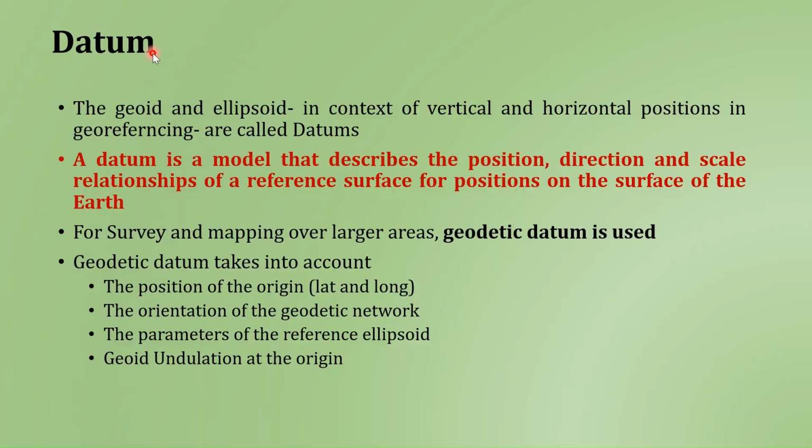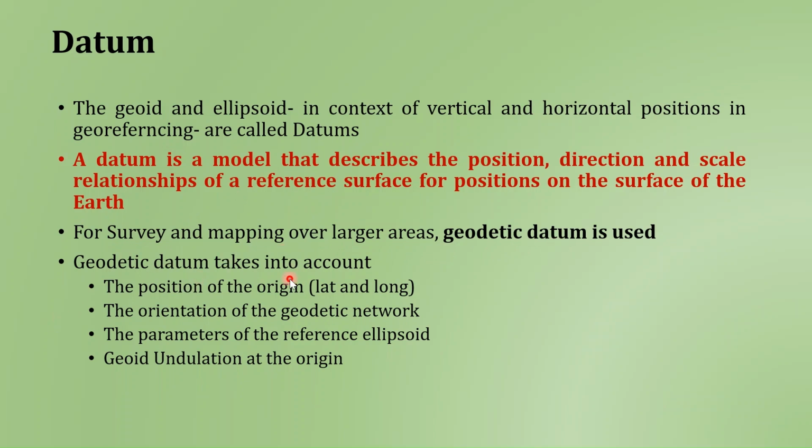Now coming to the datum, which is the combination of the geoid and the ellipsoid. This is a model which describes the position, direction and scale relationship of a reference surface for positions on the surface of the earth. So the datum is the mathematical combination of both geoid and ellipsoid, and for survey and mapping over a larger area, mainly a geodetic datum is used.